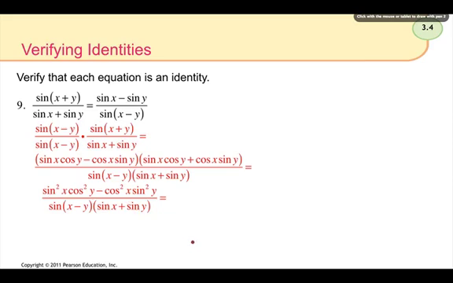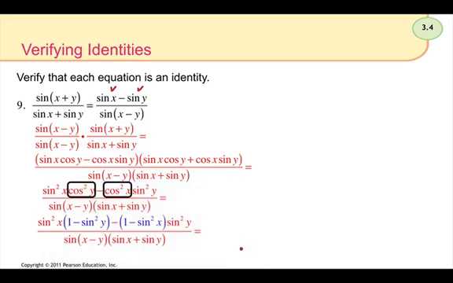Now from here, I have to do a little trick and basically look at the right hand side. And notice that I have a sine of x and sine of y. Which means that I am going to make these 2 expressions disappear. Look at this: sine of x, sine of x, sine of y, sine of y. So how do I make these disappear? I'm going to rewrite those using the Pythagorean identities.